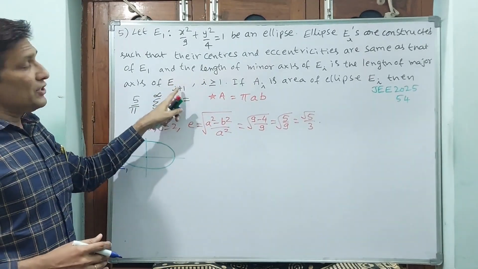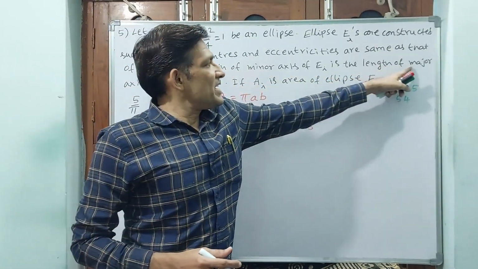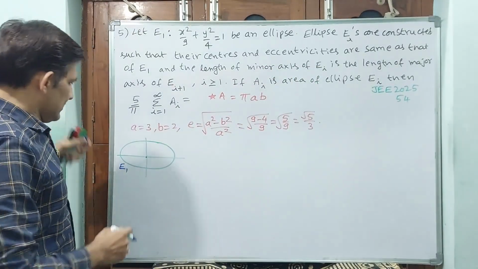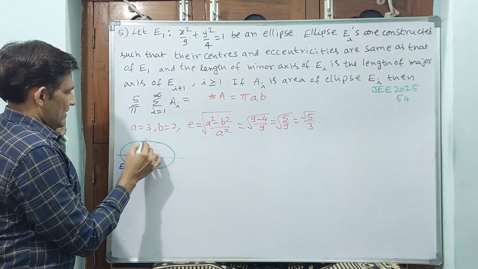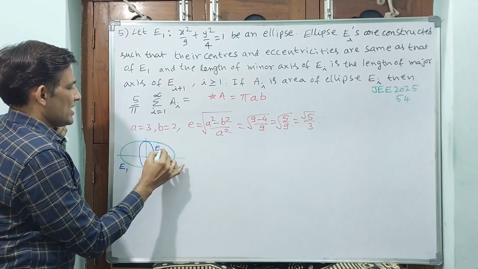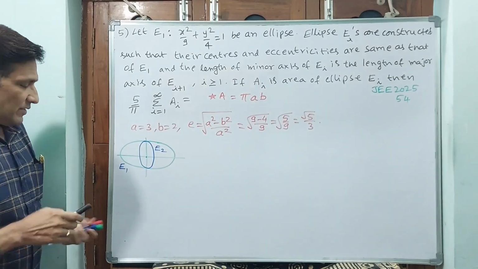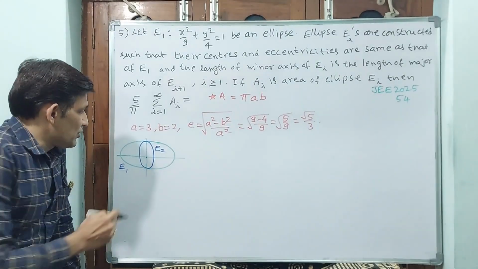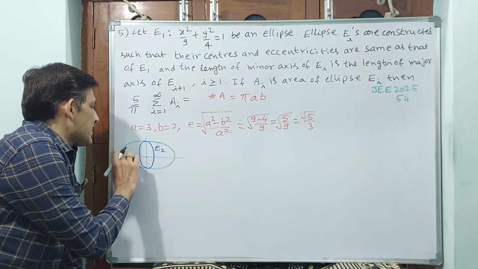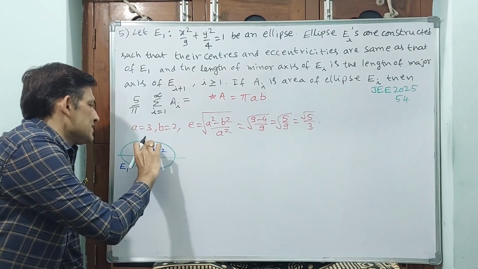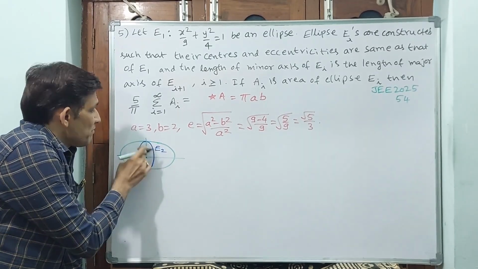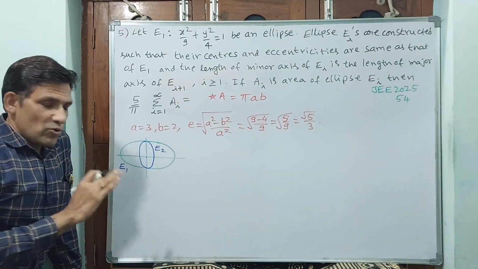For E2, the major axis is equal to the E1 minor axis. For E1 this is the minor axis, for E2 this is the major axis. Do you understand?